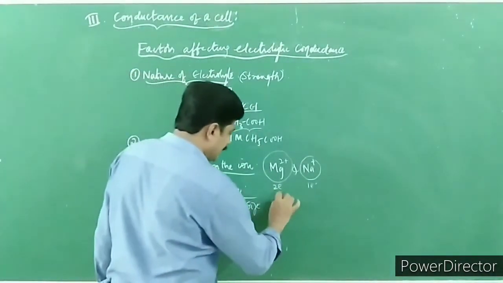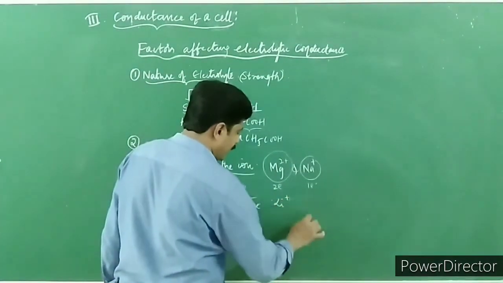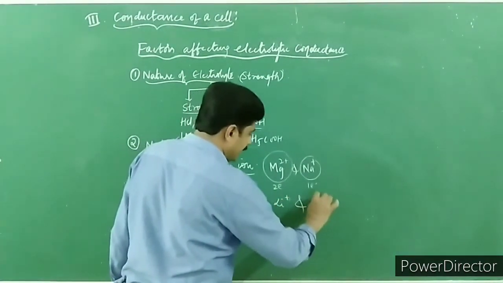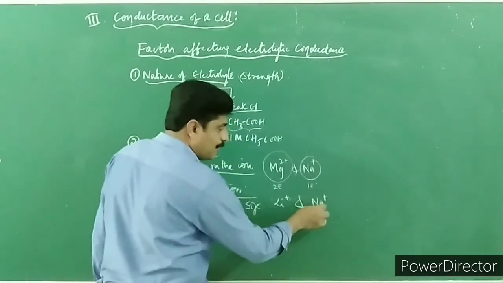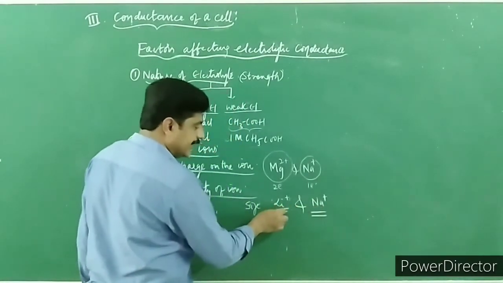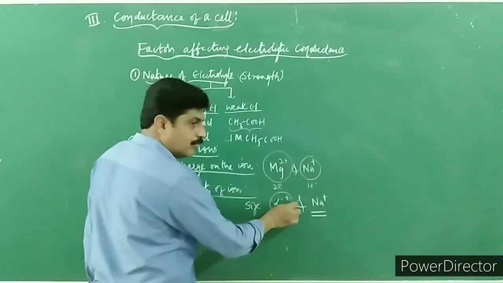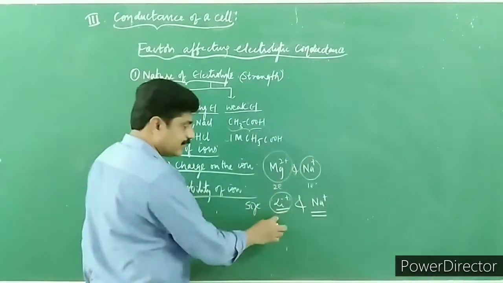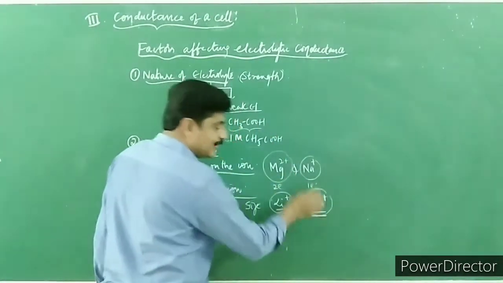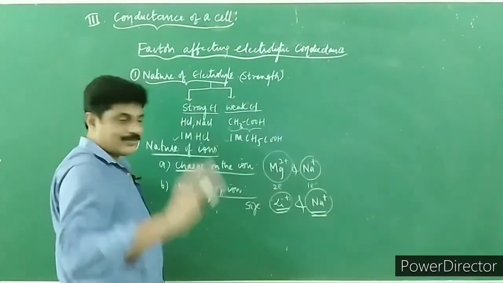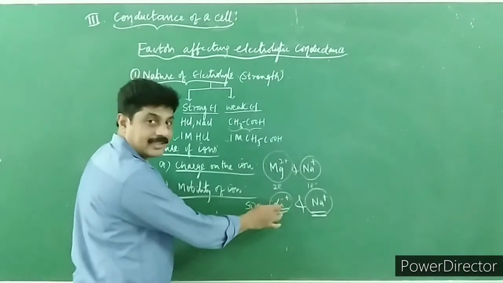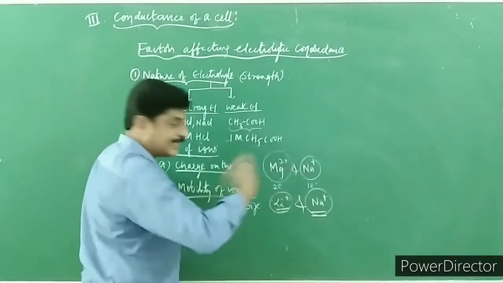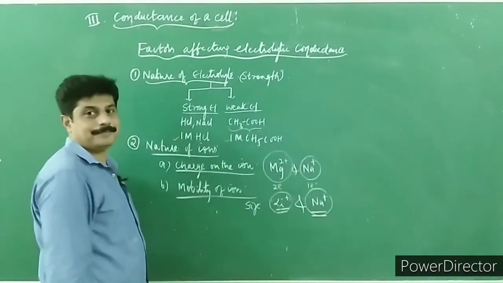Let me quote an example. Look here, lithium plus ion, and I have sodium plus ion. The ionic size of sodium is more than that of lithium. That means lithium moves very fast in the solution compared to sodium. That is why the conductance of an electrolyte containing lithium will be better than sodium.